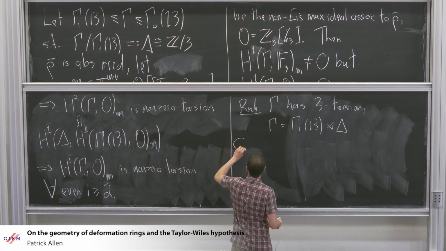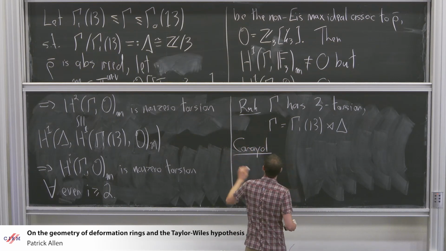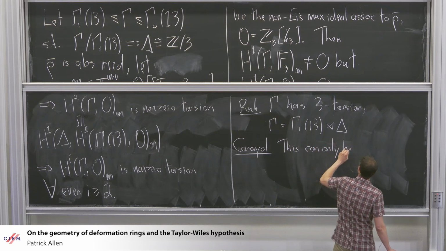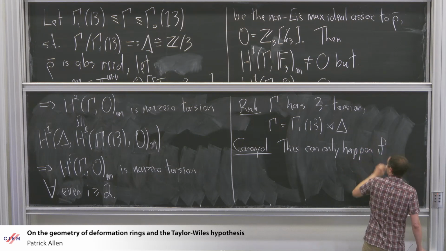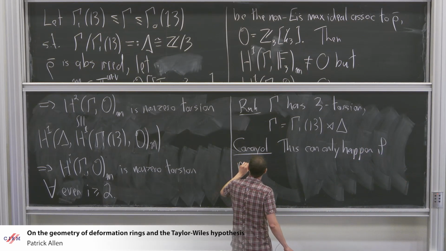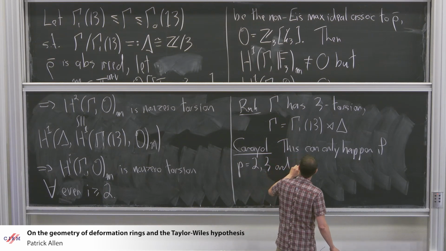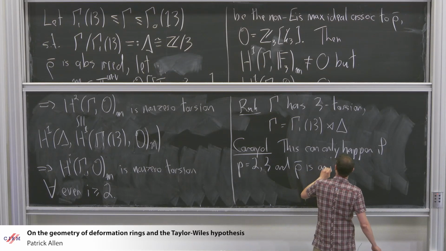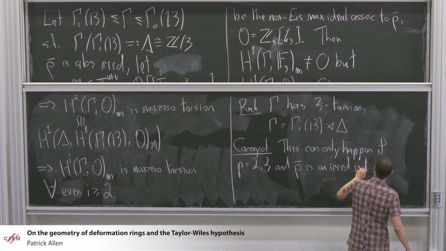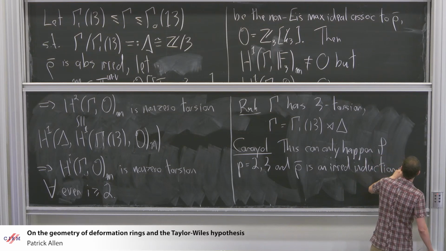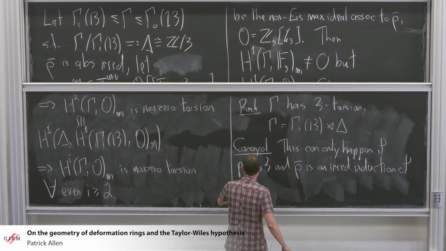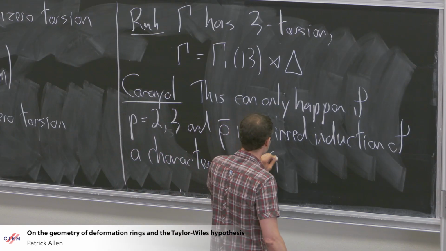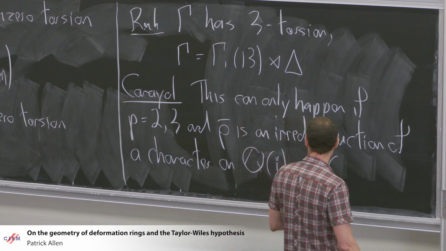And in particular, what Carayol tells you is that this can only happen if p equals 2 or 3 and rho bar is an irreducible induction of a character, in the p equals 2 case from Q adjoin i, and in the p equals 3 case from Q adjoin square root of minus 3.